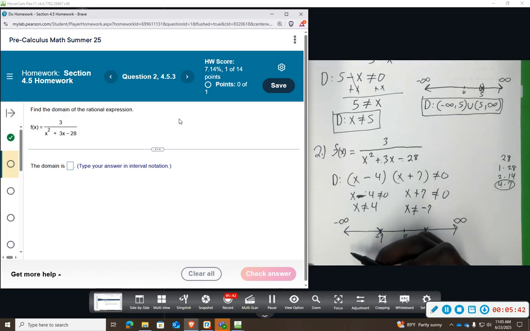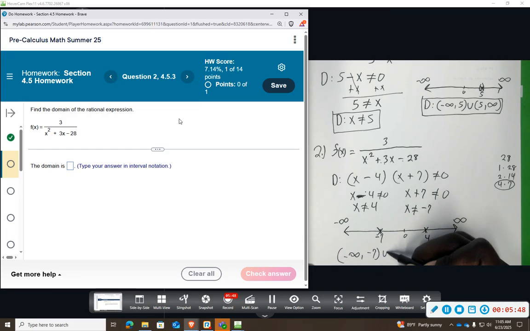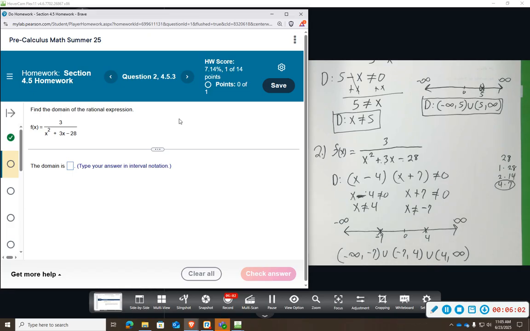So we go from negative infinity up to negative 7, and then we have negative 7 to positive 4, and then we have from positive 4 to infinity. So the domain will be broken into 3 pieces in this case.